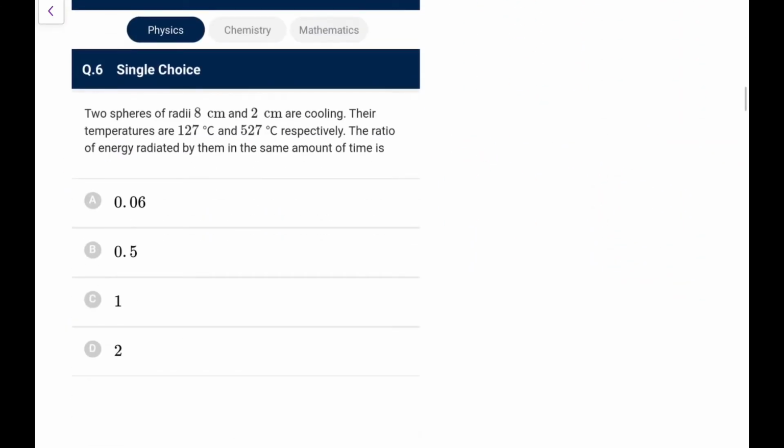Next, two spheres of 8 and 2 centimeter radius are cooling. Their temperatures are this. Find the ratio of the energy radiated in the same amount of time. So the energy per unit time is sigma E A T to the power 4, that is T to the power 4 minus Ts to the power 4. Generally here we take only the rate of emission, so only this.